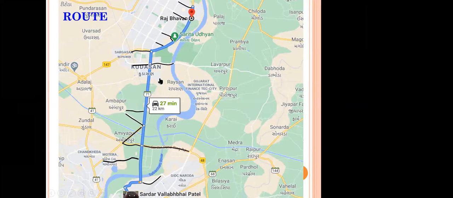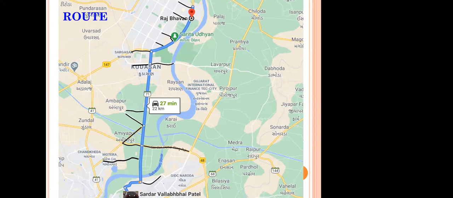The President of India was to come to Sardar Vallabhbhai Patel International Airport, and he was to go to Gandhinagar, which is around 20 kilometers away from the airport, to Raj Bhavan. Raj Bhavan is in Gandhinagar. In fact, I was staying in Gandhinagar, somewhere here. Recently, I have moved to Ahmedabad, maybe 2 days back.